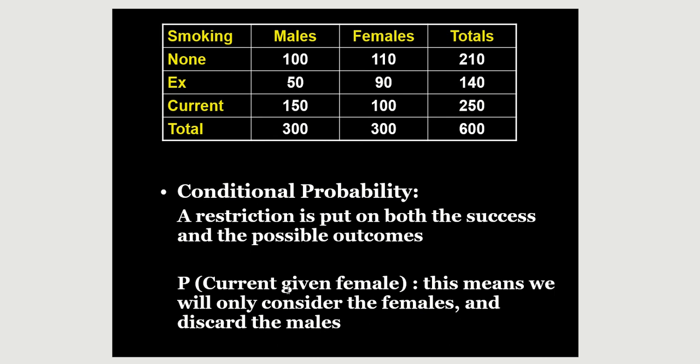That leads us to another type of probability, which is called a conditional probability. A conditional probability is not something complicated, it's very simple. All that means is that before you calculate your probability, you're going to limit your space. What I mean by the space is your total, all the possible outcomes. You're going to limit that to the condition.